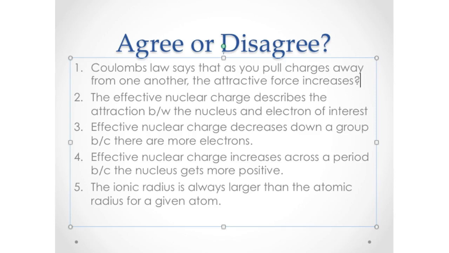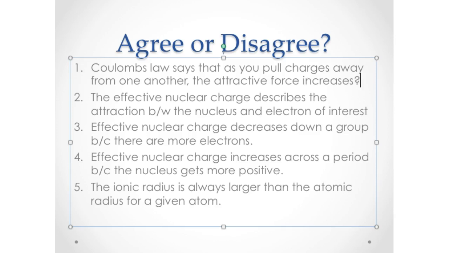4 is also true. Effective nuclear charge increases across a period. When we say across, we read it as left to right, and that's because you're adding more protons and the nucleus gets more positive. 5, the ionic radius is always larger than the atomic radius of a given atom.